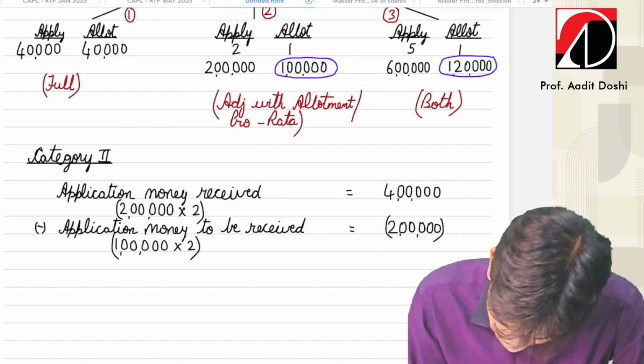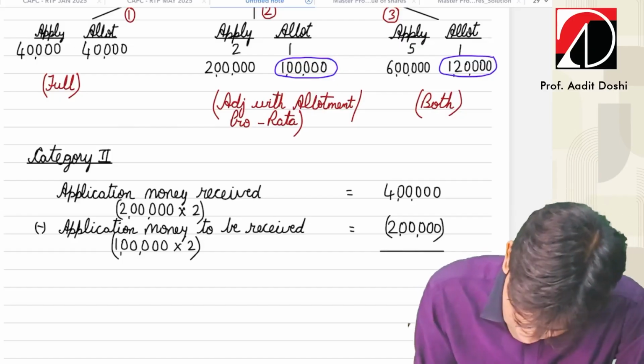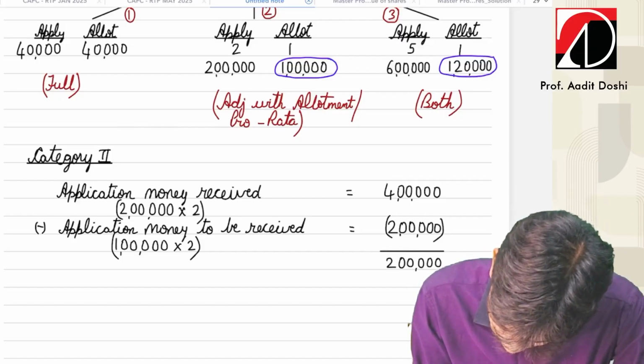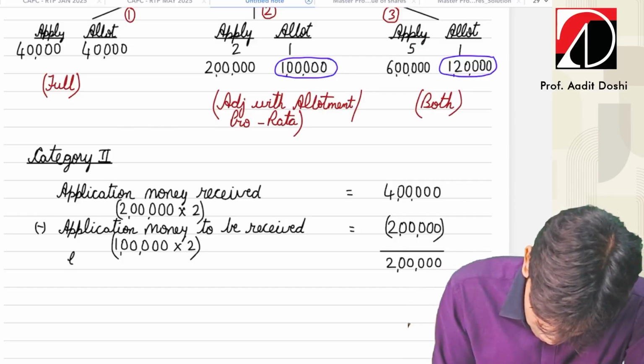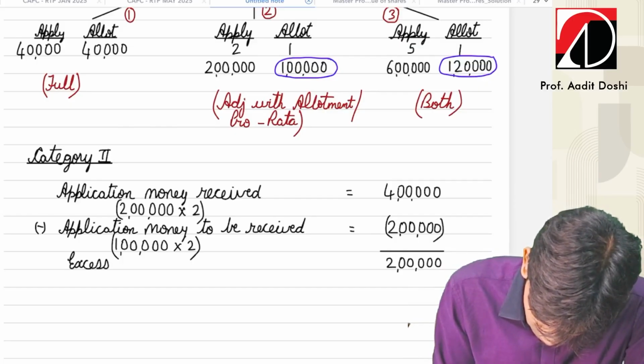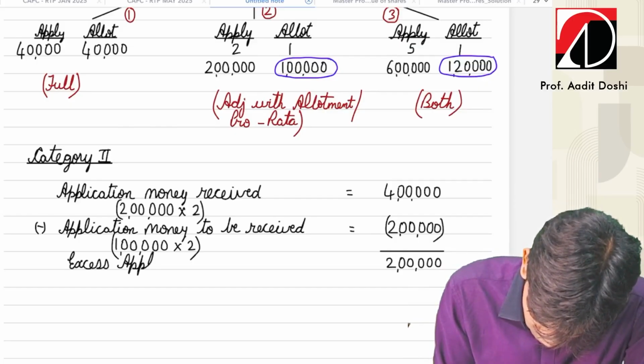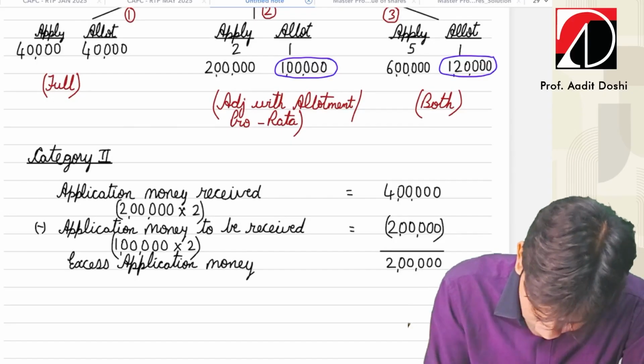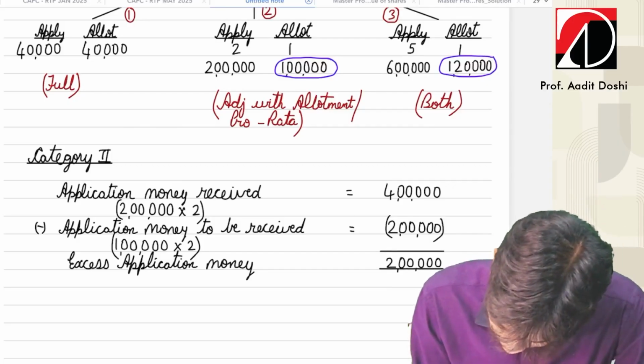So what is the extra money I have with me? 2 lakh. This is excess application money, and this was adjusted with allotment.